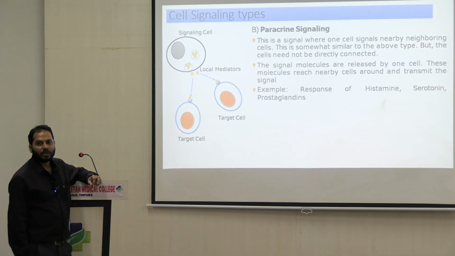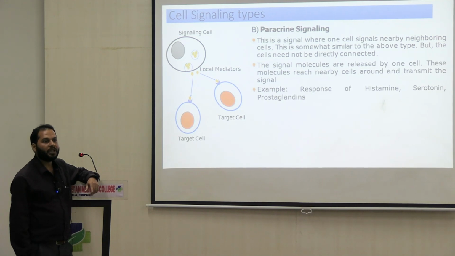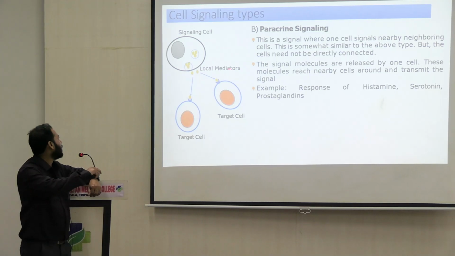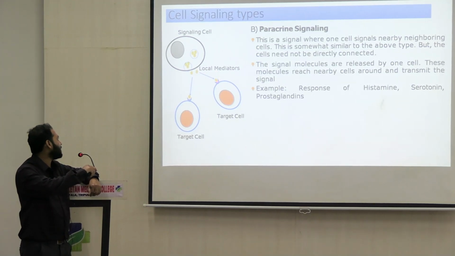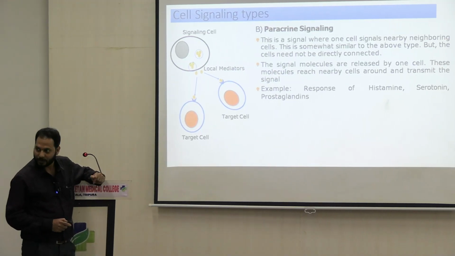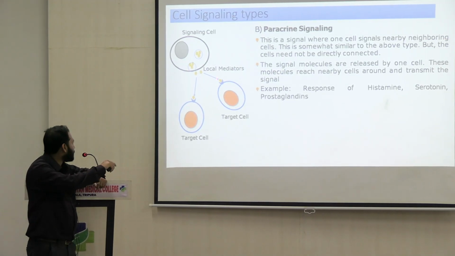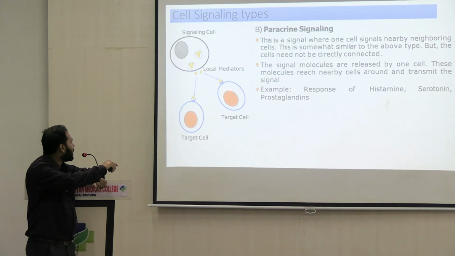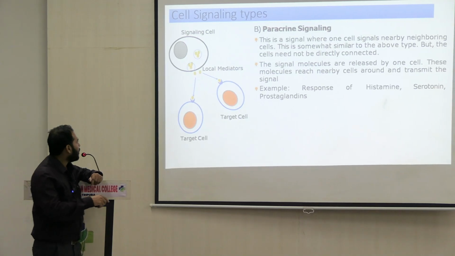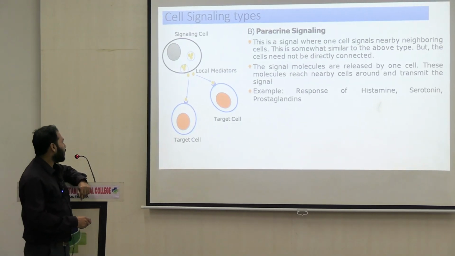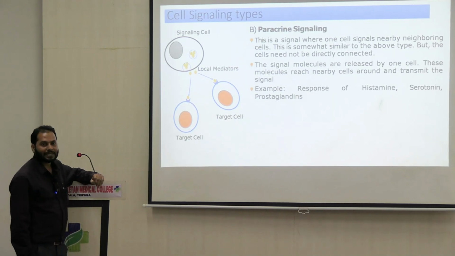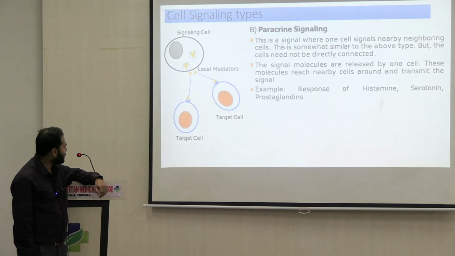Here the releasing cells communicate with the nearby cell by releasing some mediator. So these are the local mediators, and they bind to the specific receptors of the target cell, and accordingly the target cell will give a response. Once this binds with the target cells, only then does the signaling cascade start, right? Some examples of this response are histamine binding, serotonin and prostaglandins. These are some important examples which you can see in paracrine signaling.